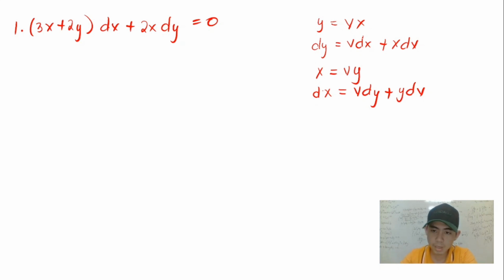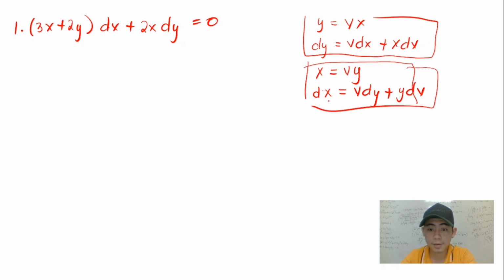So, paano natin siya magagamit? Or paano natin malalaman kung ano ba dapat ang gagamitin natin? So, x equals vy ba, or y equals vx ba ang gagamitin? So, for example, number 1, kailangan i-analyze mo na mabuti kung saan ka mas mapapadali. Kung si dx ang gagamitin natin, meron pang dalawang term sa loob ng parenthesis niya, which is si 3x at the same time si 2y.